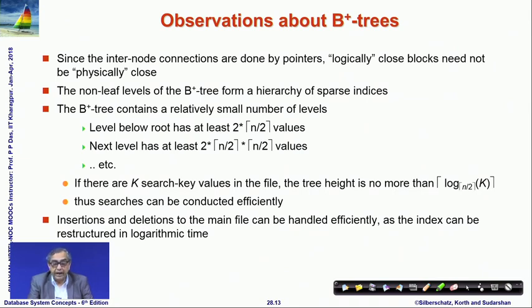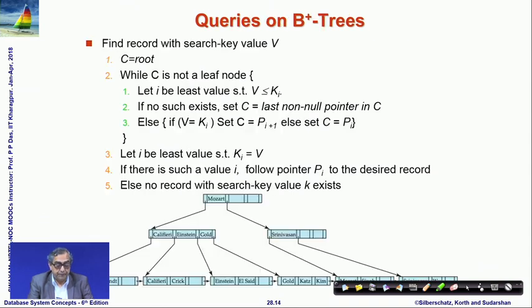So, larger the n, smaller is this value. Larger the node size, smaller is the height, and therefore the number of access operations that need to be performed. So, insertions and deletions to the main file can be handled efficiently, as the index can be restructured in logarithmic time, as we have just seen.